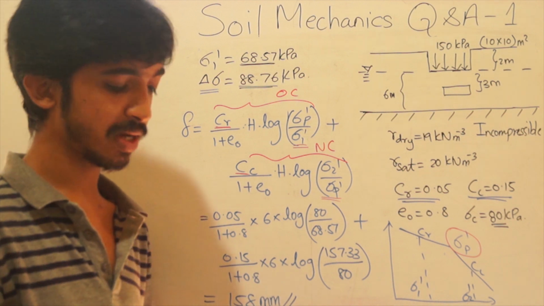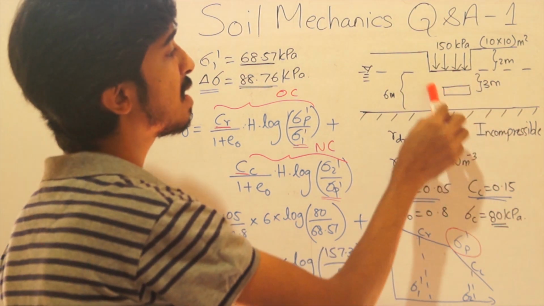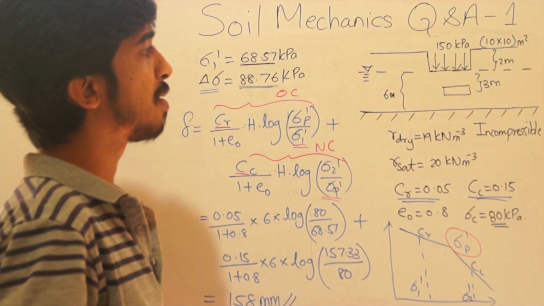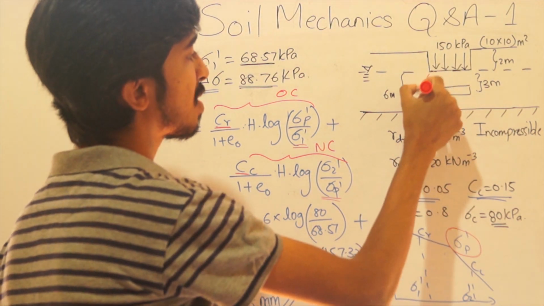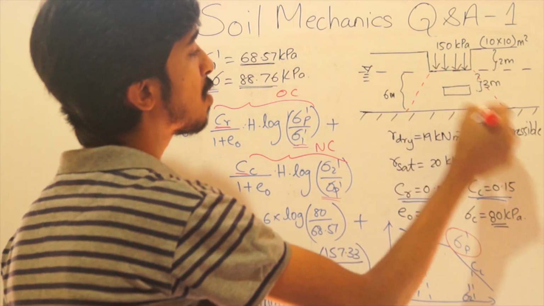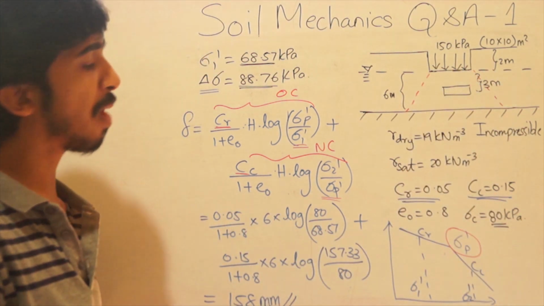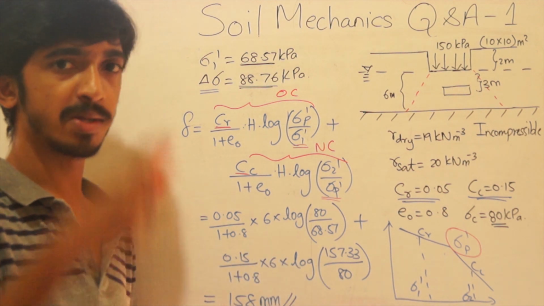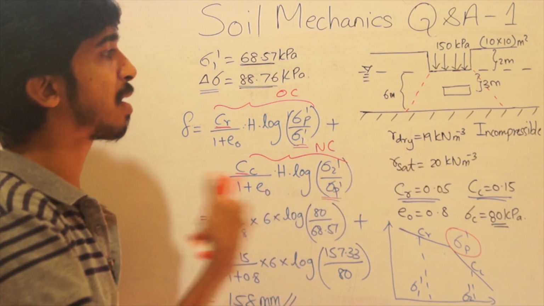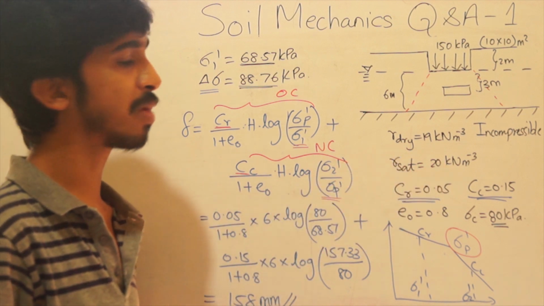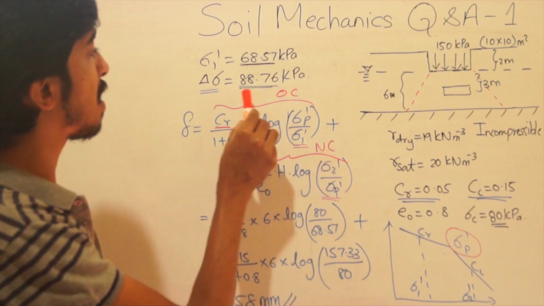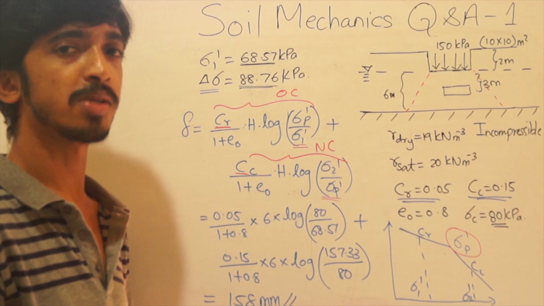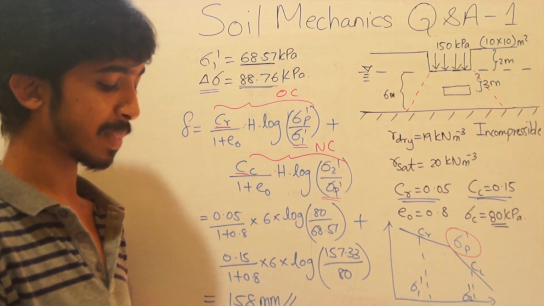It's just a small variation, and you have to consider that this is a finite load, so there would be a load spread, not a stress spread. There will be a load spread. The spreading ratio is given to us as 1:2, that is two parts dropping through the vertical gives a spread of one part in the horizontal direction. So we can easily calculate the stress increment also. Not a hard question, just a small tricky part involved in that.